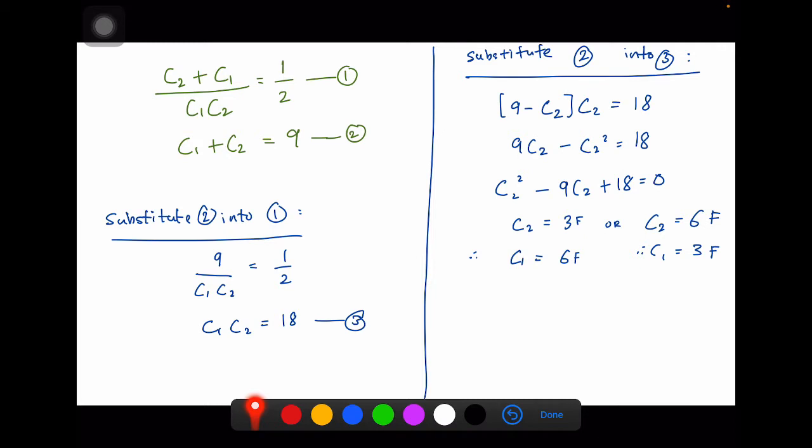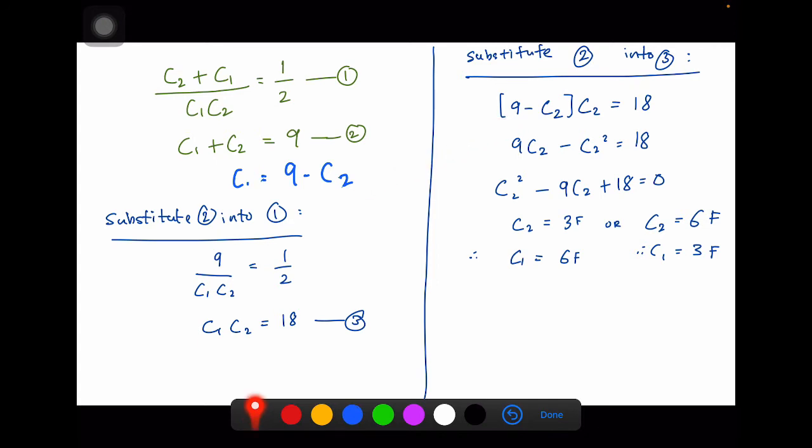Now I can substitute either C1 or C2 inside here. In this case, I substitute C1. Rearranging, C1 equals 9 minus C2, and this is the equation that I substitute inside here.